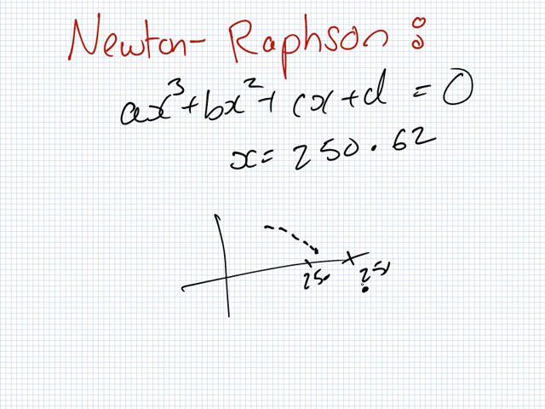So you have to go back, and maybe you try 250.5. Are we too big or too small? Too small. So then you have to try 250.75. Do you get what's happening here? This process is no good, because it will take you too long to find a root.